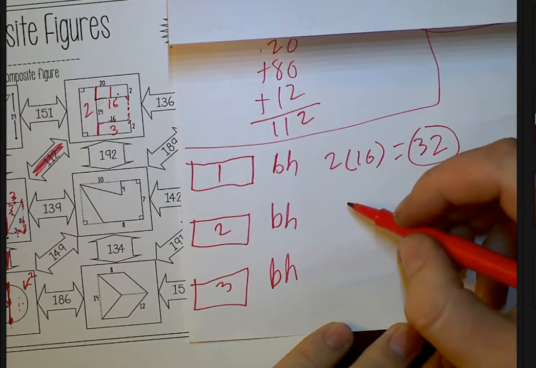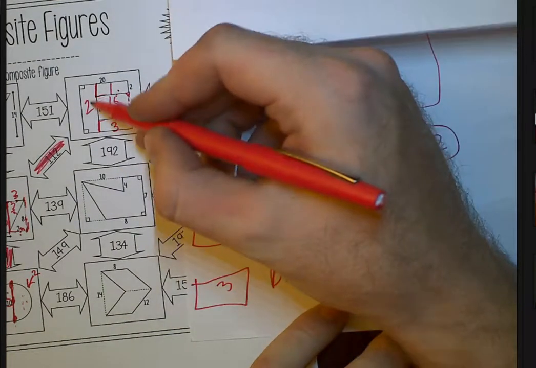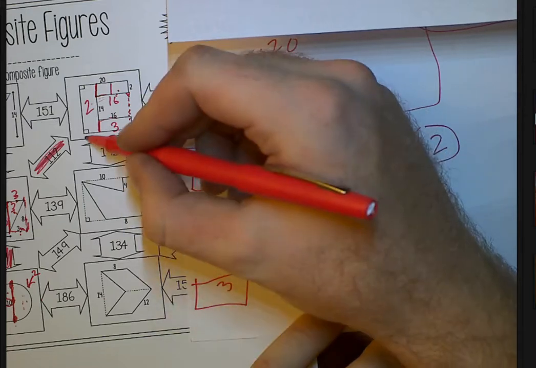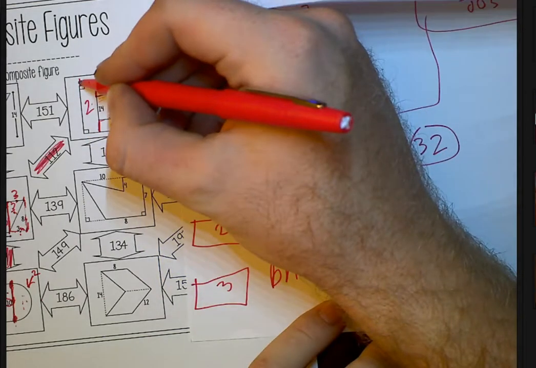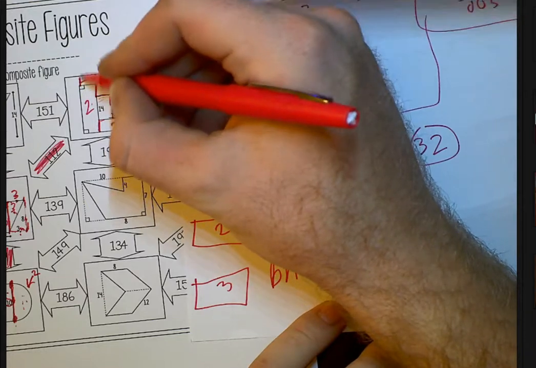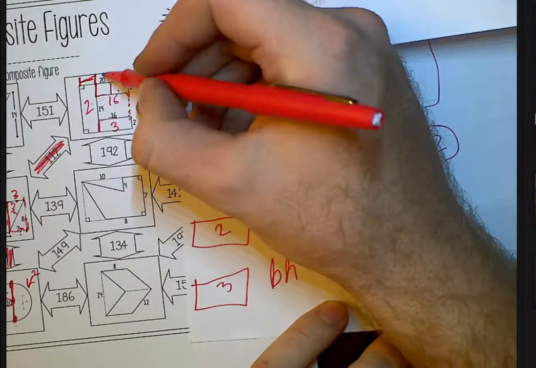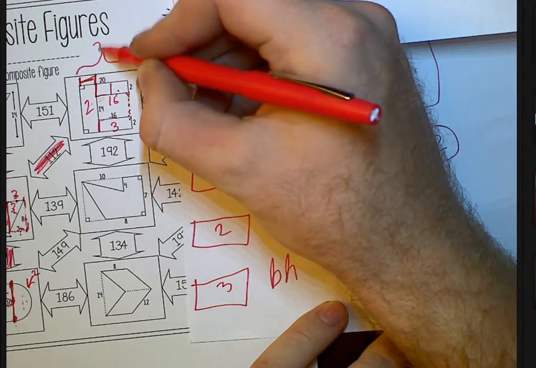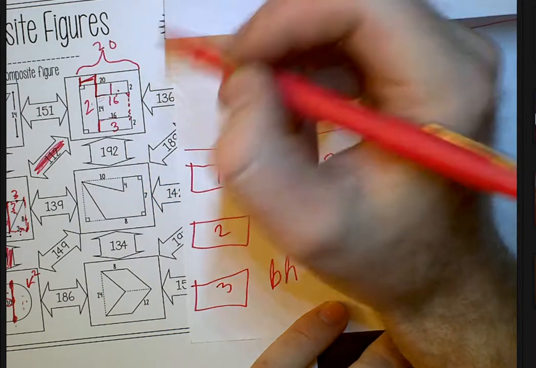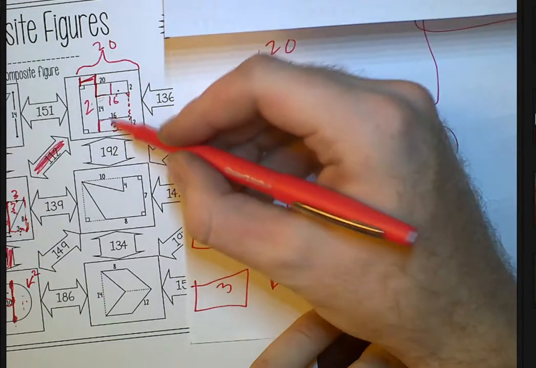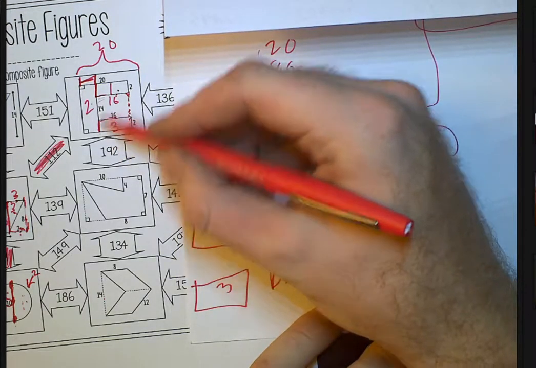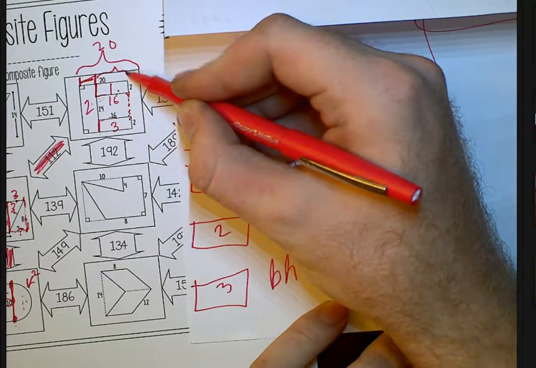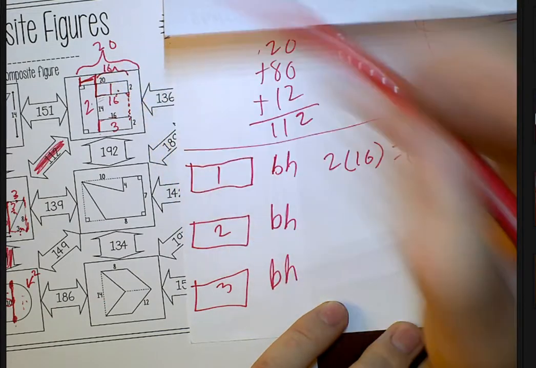Okay, for rectangle 2, that's this one right here. I know that this distance right here is not given to us, but I can find it. The whole thing is 20, and from here to here is 16.